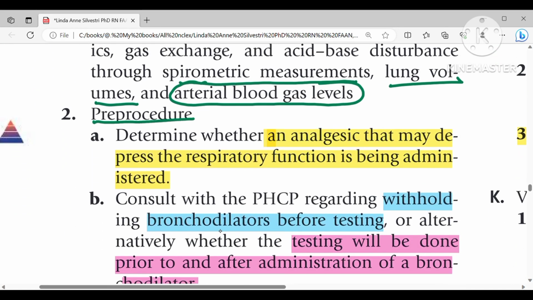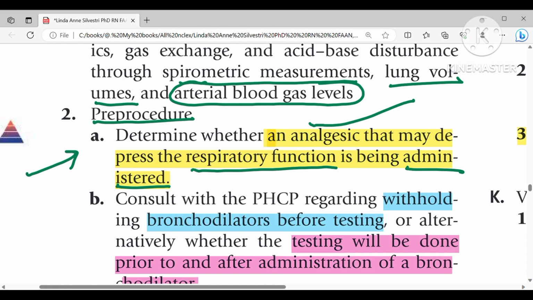Pre-procedure, what we need to do: determine whether an analgesic that may depress the respiratory function is being administered. So we need to check whether any analgesics have been given or not.